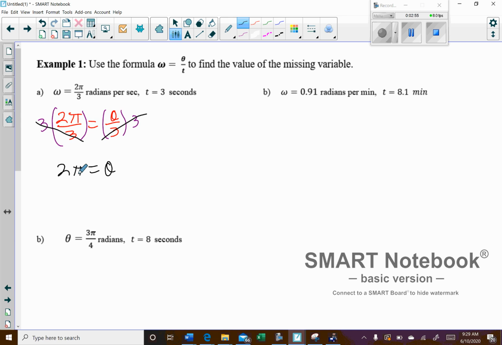On this next one, it looks pretty much the same, except we're dealing with decimals. We have 0.91 for W, our angular speed, and that's equal to theta over 8.1. So we'll multiply both sides by 8.1.